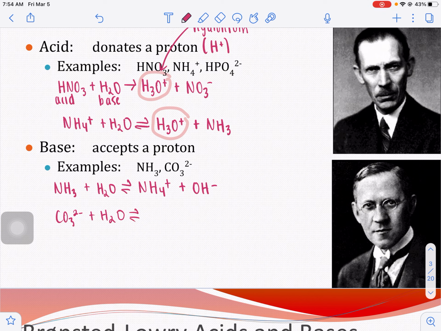Again, it's a weak one. It's going to steal an H+ and make HCO3-, and again, the telltale sign that it's a base, we make hydroxide. So even in a Bronsted-Lowry definition, you're typically going to make hydronium or hydroxide if it's in water. And so those are in the water solutions.